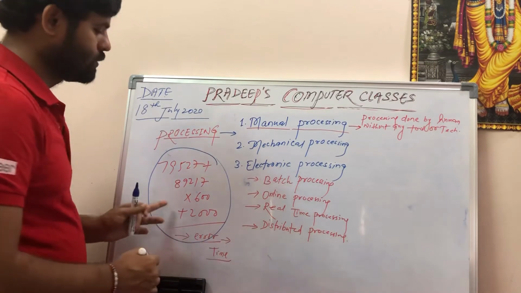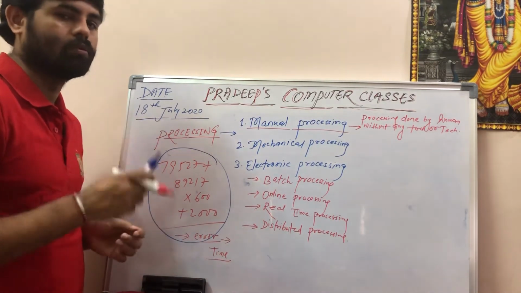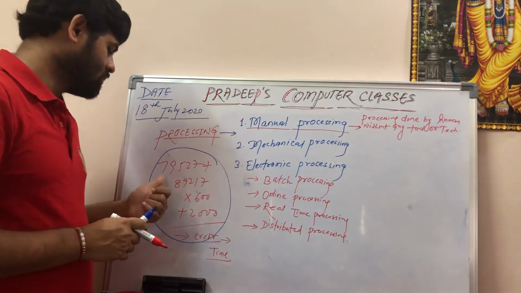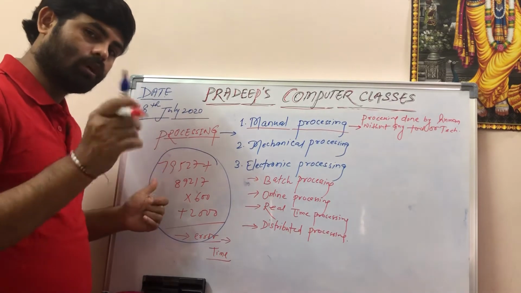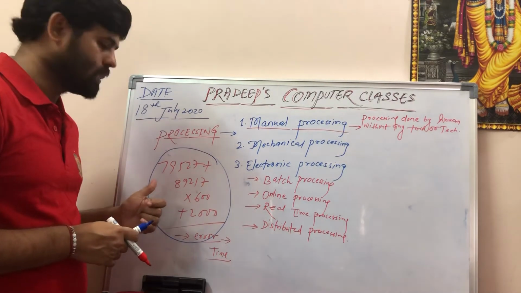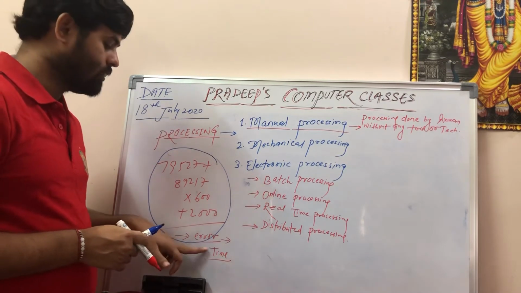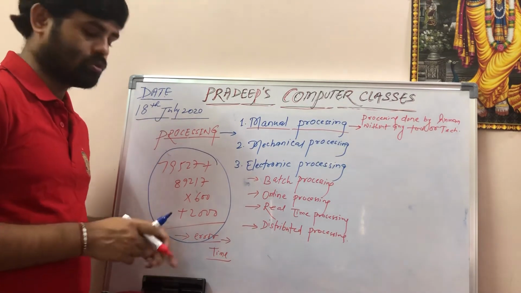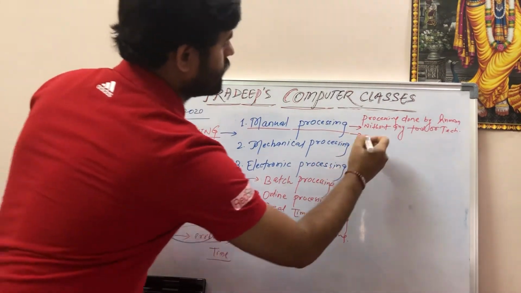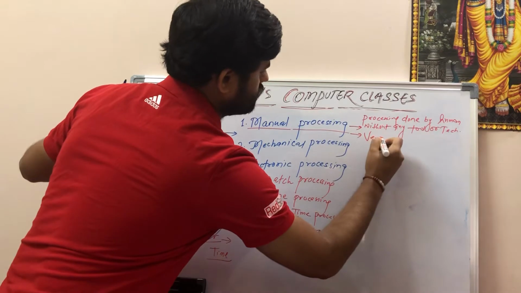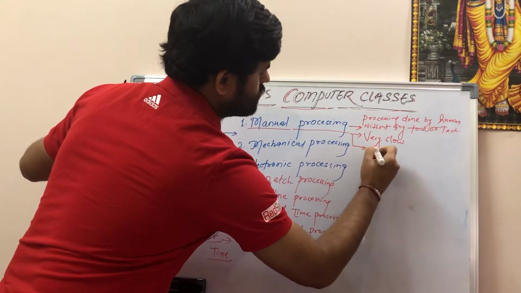It is not like in 1 minute or 1 second you are able to find the solution. It is not possible for a human. Because you are doing this calculation manually from your end without any use of any tools or technology, the chance of error is high, as well as it is time consuming. So I can say that manual processing is very slow, and the chance of error is high.